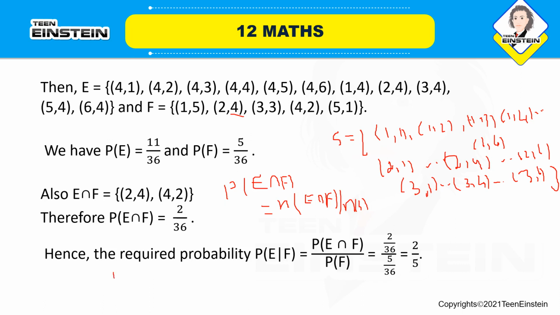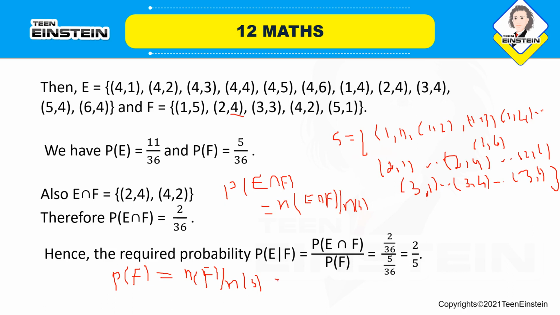How to find P of F? Here P of F formula. P of F is N of F by N of S. That is number of elements, elementary events favorable to the event F, divided by total number of elements in S. Number of elements favorable to F is, how many elements in F? 1, 2, 3, 4, 5.